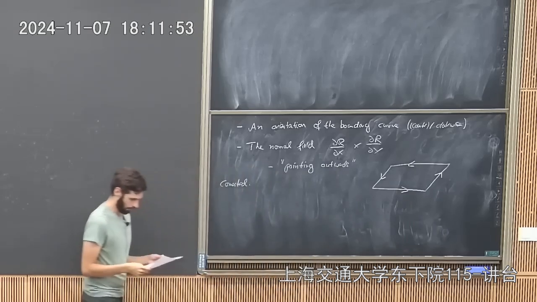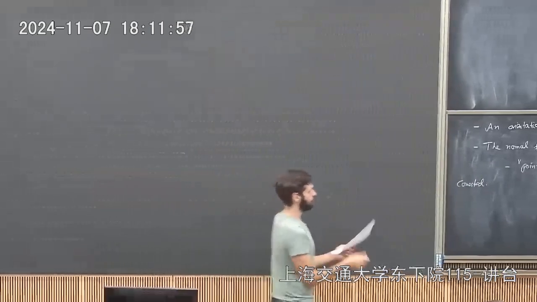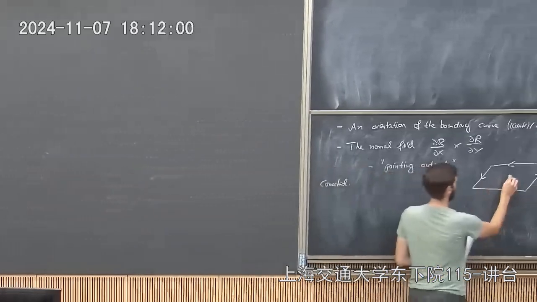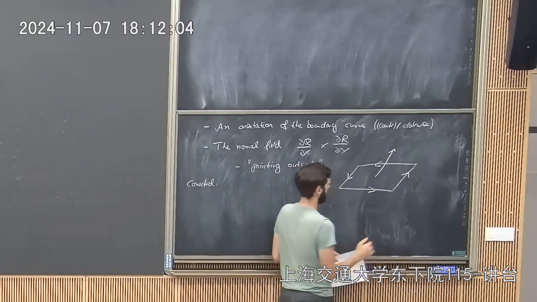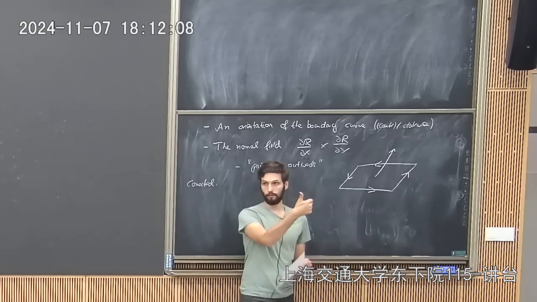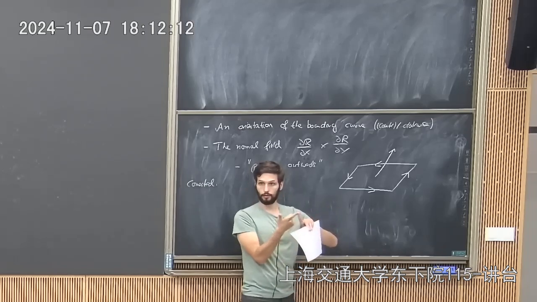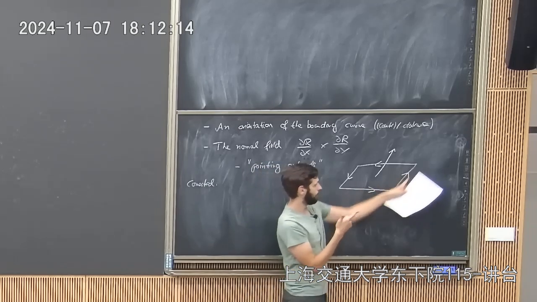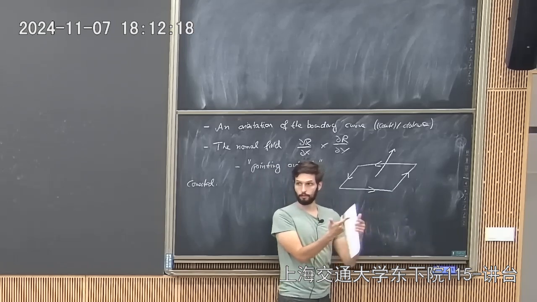We have the rectangle, say we walk around, the orientation is defined in such a way. What we do is we take the right hand, say the thumb should be pointing in the normal direction, and we want to make sure that the orientation of the boundary curve is correct. The index finger goes in the direction of the boundary, and then the middle finger should point towards the interior of the rectangle.